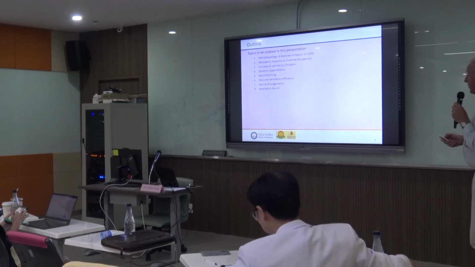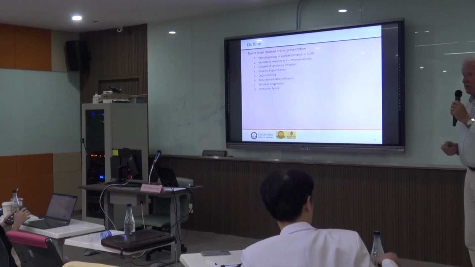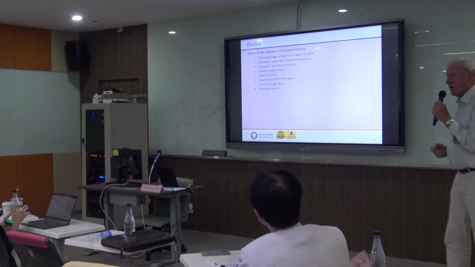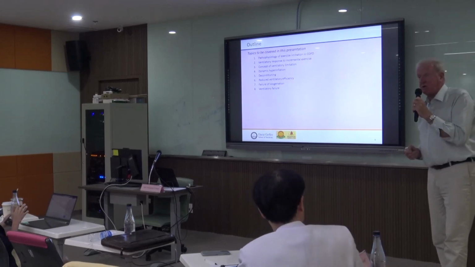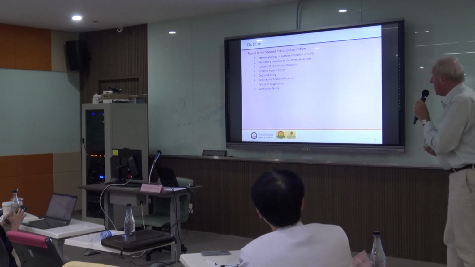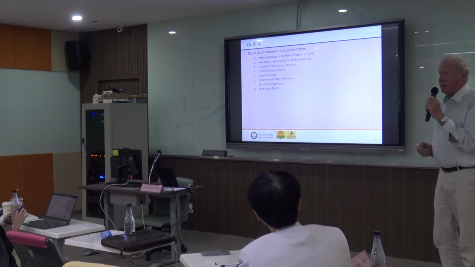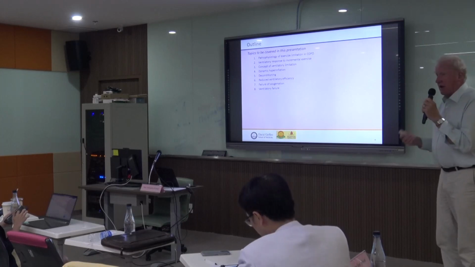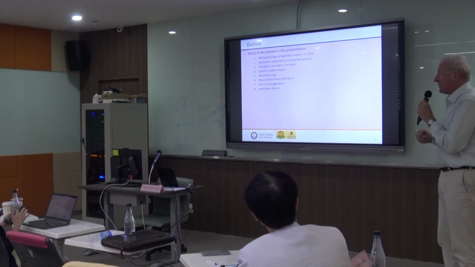So I'm going to talk about the pathophysiology of exercise limitation in COPD, the normal ventilatory response and the concept of ventilatory limitation, what this means and what could potentially happen in our COPD patients, especially when they develop dynamic hyperinflation and deconditioning.